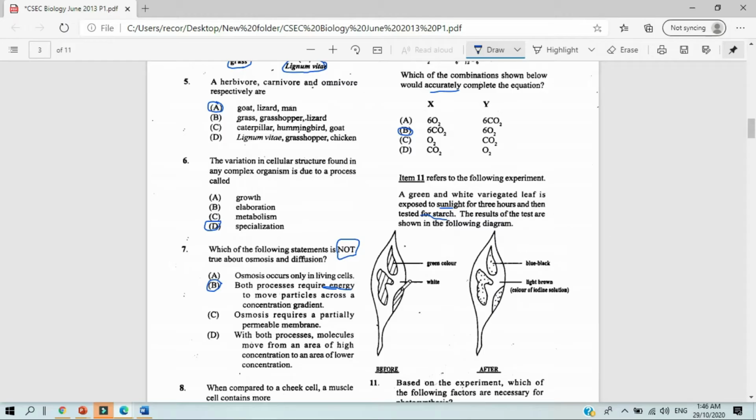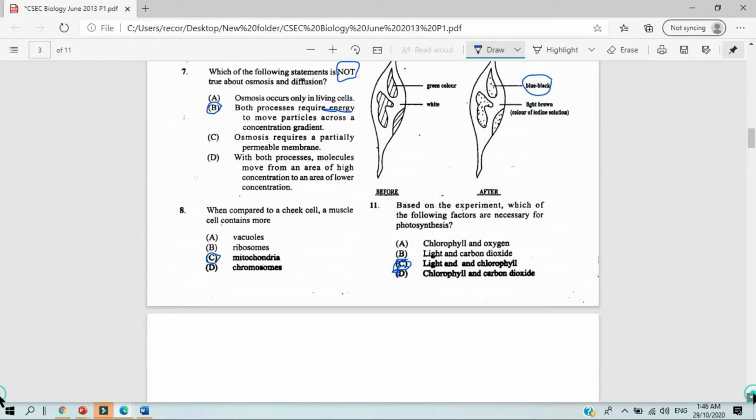Here we have the leaves. This area here was green, and the other areas are definitely white. Now at the end of the experiment, the green area returned a blue-black color here, and we know that blue-black is suggesting that there is starch. And then the white area took the color of the iodine.